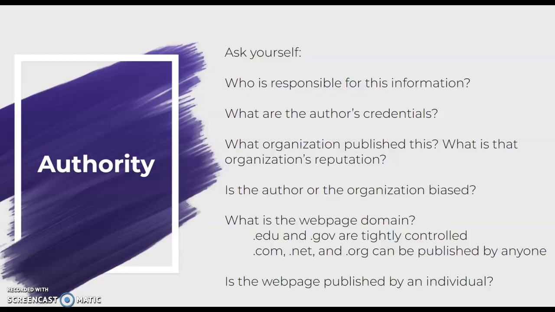They think that a .org is more credible than a .com. But I assure you, anyone can purchase a .org domain name and they can put anything they want on that site. So do not assume that because a website is .org that it is automatically credible. You still have to apply the CRAAP test and check all of the metrics of the information.